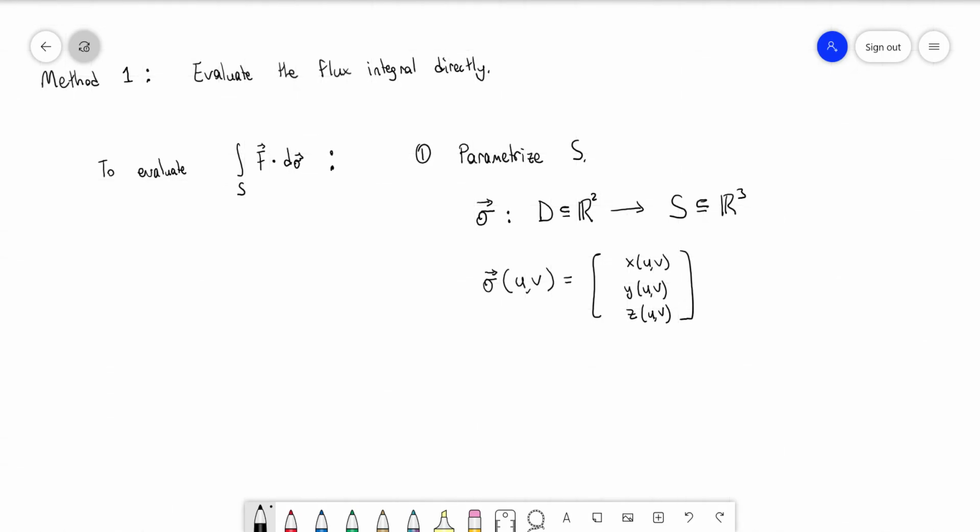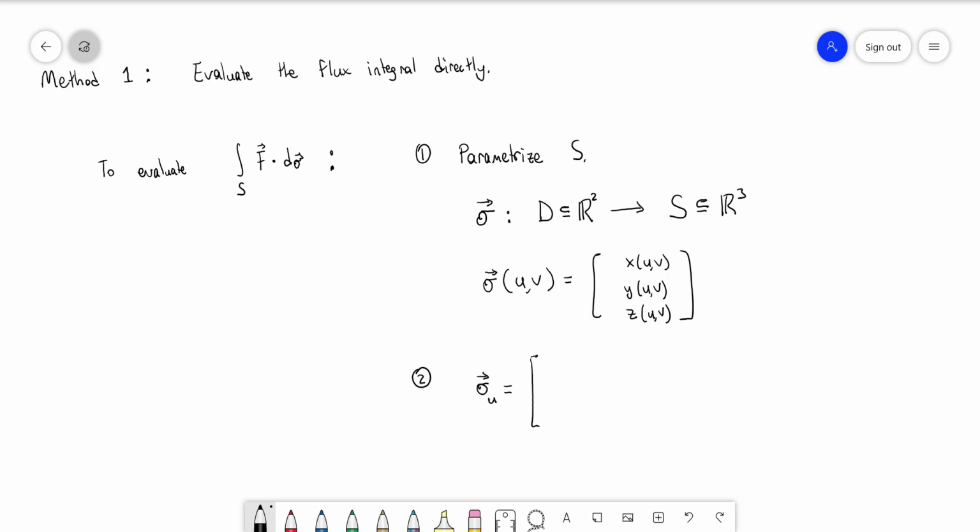All right, now after you get this parameterization, then what you'll need to do is use your parameterization to compute a normal vector to your surface. All right, so to do that, you're going to compute the partial derivative of your parameterization with respect to u.